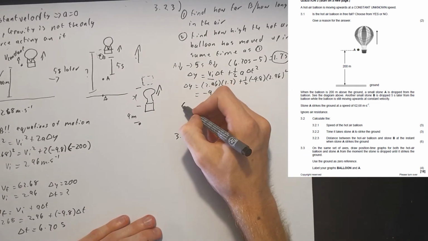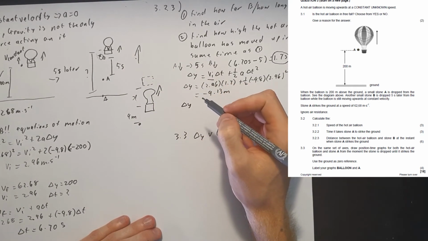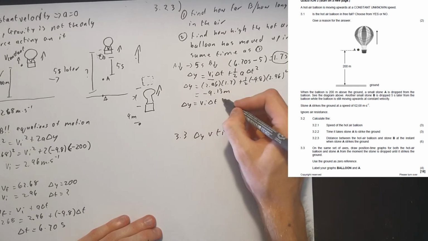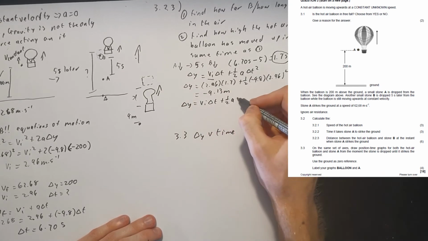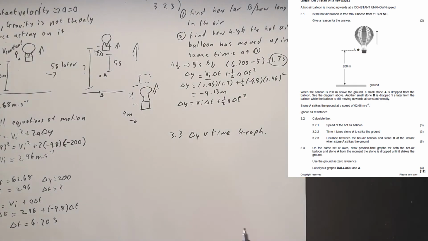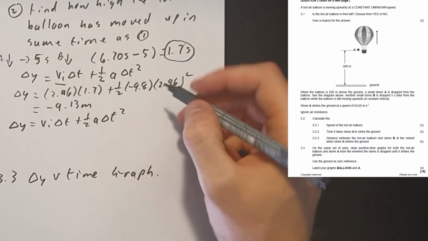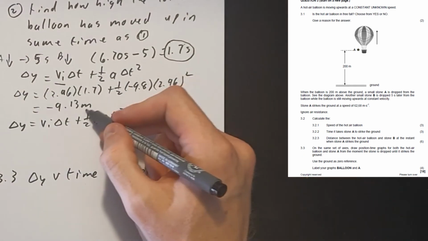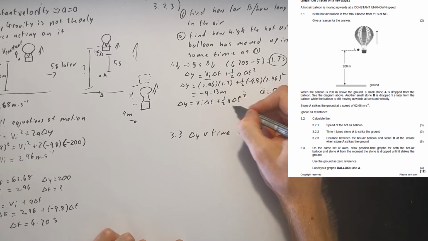So once again we're going to use delta y equals v initial delta t plus a half a delta t squared. But remember what it said in the beginning, it's moving at constant velocity, therefore my acceleration equals 0, so this whole term is going to fall away.